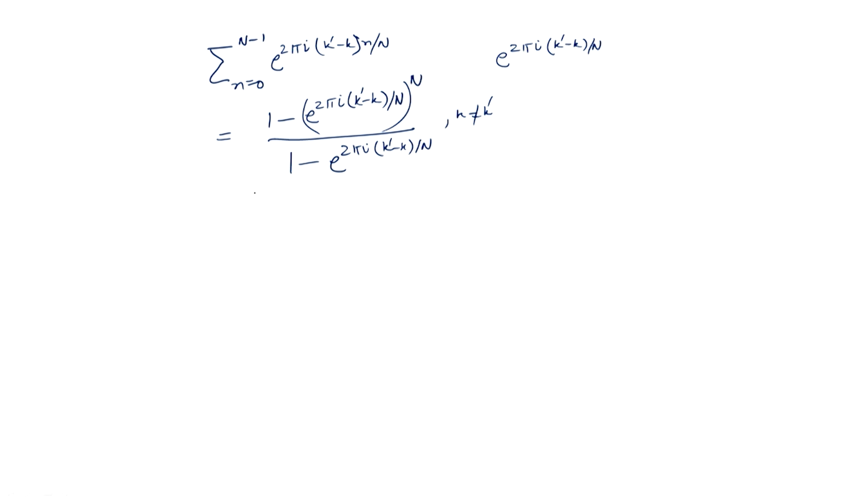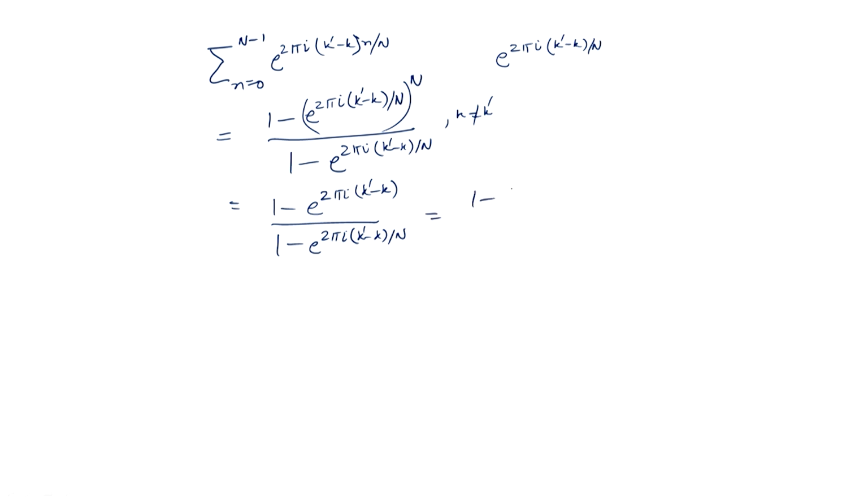Okay. And this will be equal to 1 minus e to the power 2 pi i (k dash minus k), divided by 1 minus e to the power 2 pi i (k dash minus k) divided by n. Now, k and k dash are integers. So, e to the power 2 pi i (k dash minus k) will be equal to 1.